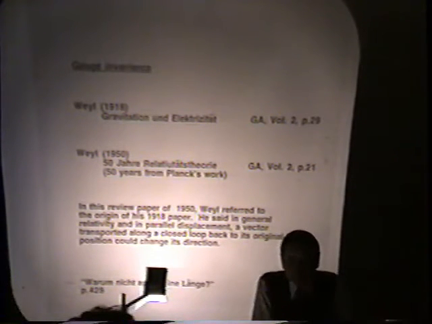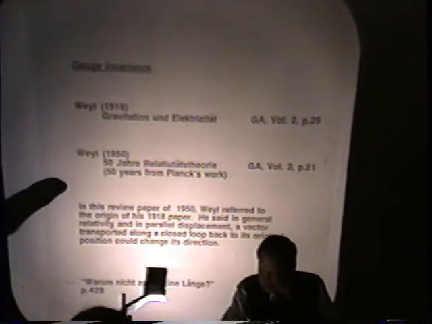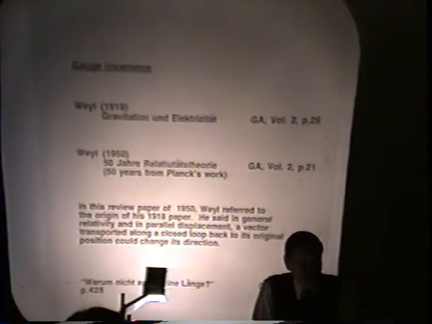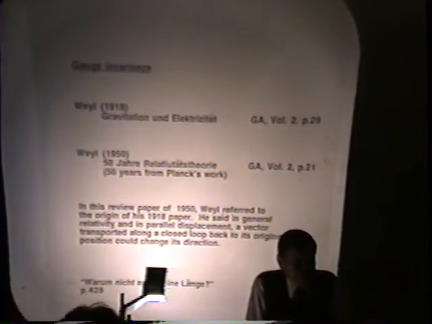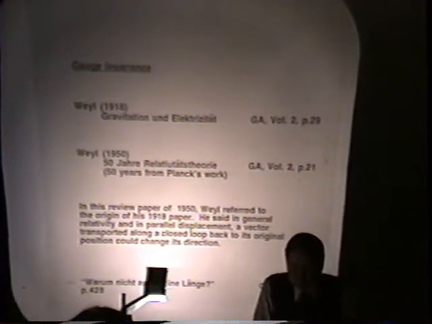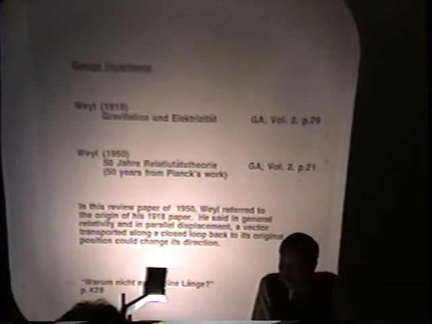But in 1950, Hermann Weyl evidently regarded this paper of his as very important. He was very much attached to it. And so in this review paper of 1950, he described how he got onto this idea. And he said that after 1916, when Einstein published his general relativity paper, many mathematicians got extremely interested.